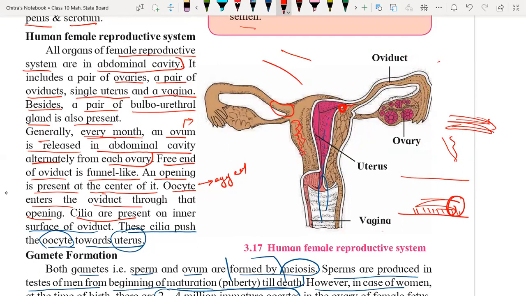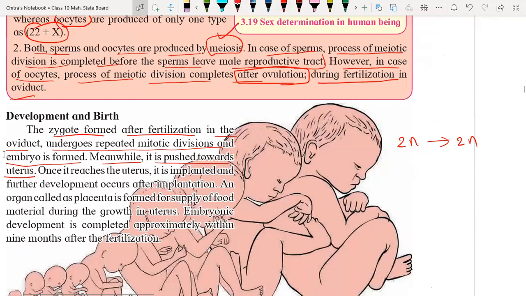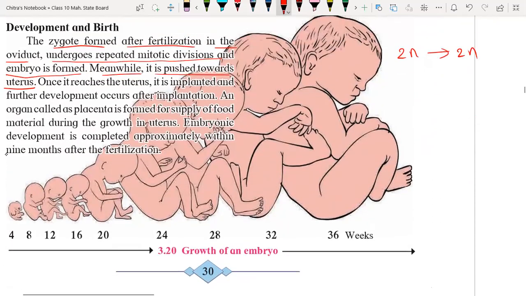The endometrium is a new layer of cells that is responsible for implanting the zygote, or embryo, over here, and further development of the baby takes place there. Once it reaches the uterus, it is implanted, and after the implantation only, further development of the baby takes place.